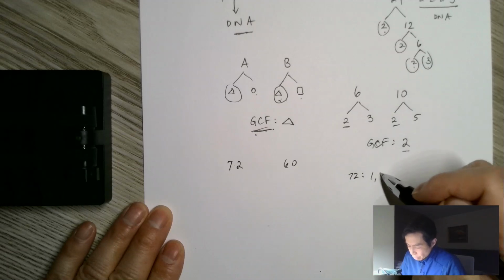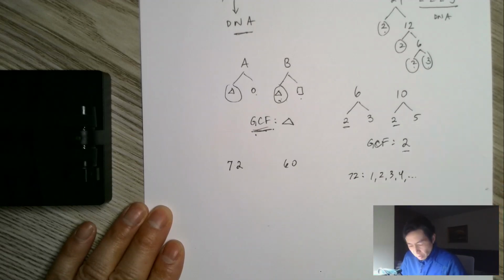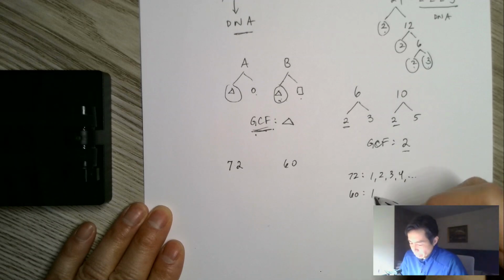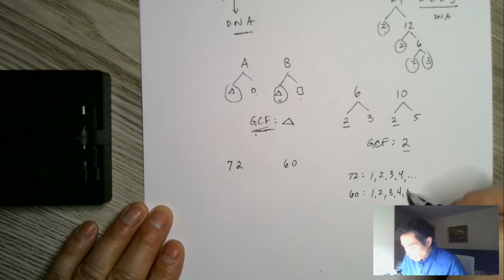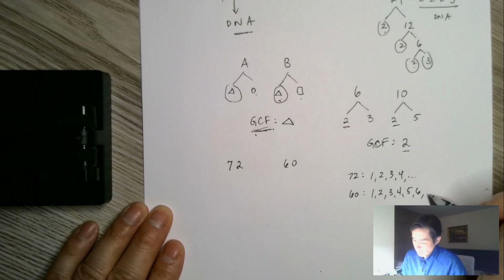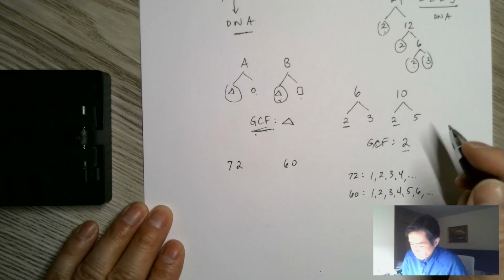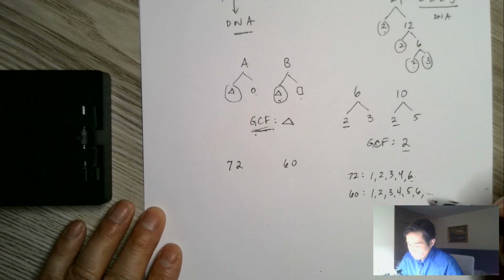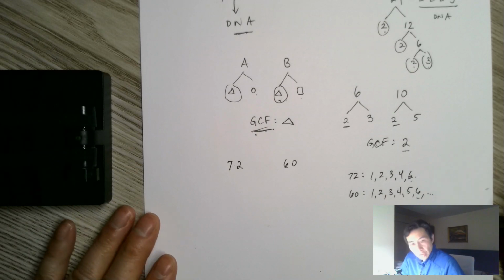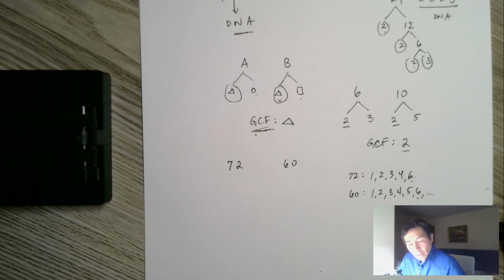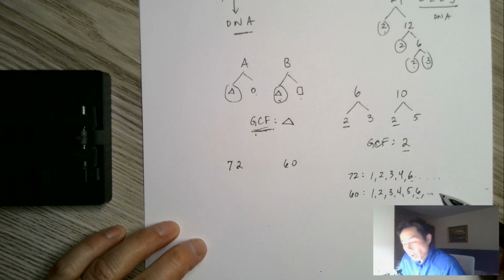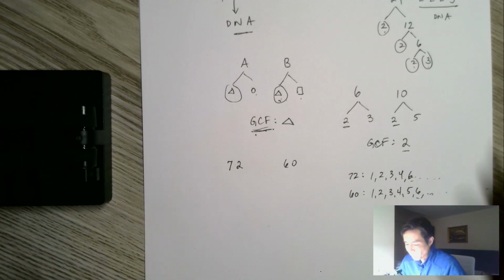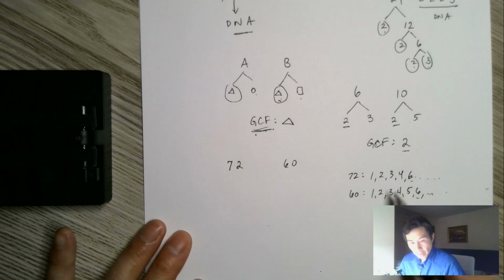So 1, 2, 3, 4, etc. And 60. 1, 2, 3, 4, 5, 6, etc. And I guess 5 doesn't go into 72, but 6 does. So maybe you might think, they both have a 6, so maybe 6 is the GCF. But you're not sure until you list all the factors of 72 and 60. So there's a bit of uncertainty in the listing method.